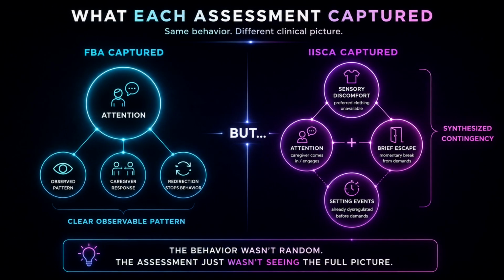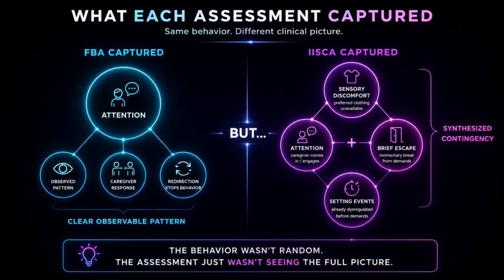The first came out almost by accident. The caregiver mentioned that some days were just harder than others, and she couldn't always predict why. When the BCBA asked more questions about those harder days and what they looked like, a pattern emerged. On laundry days, or days when Marcus's preferred clothing wasn't available, his mother would dress him in whatever was clean.